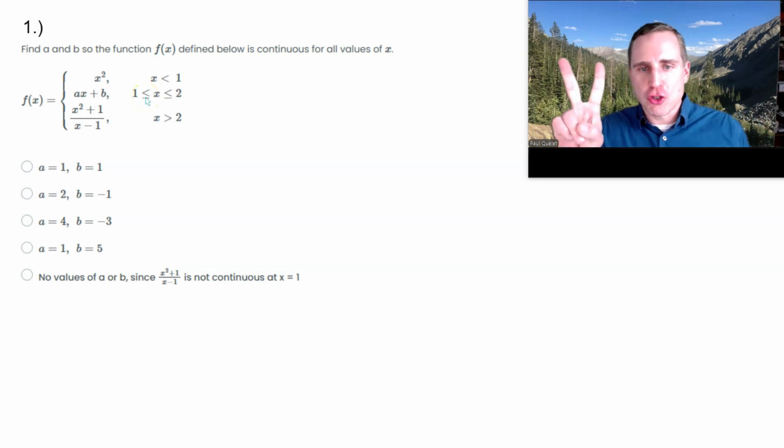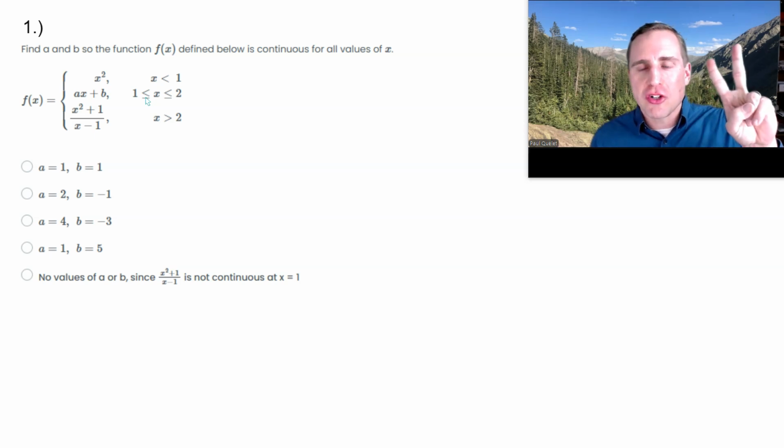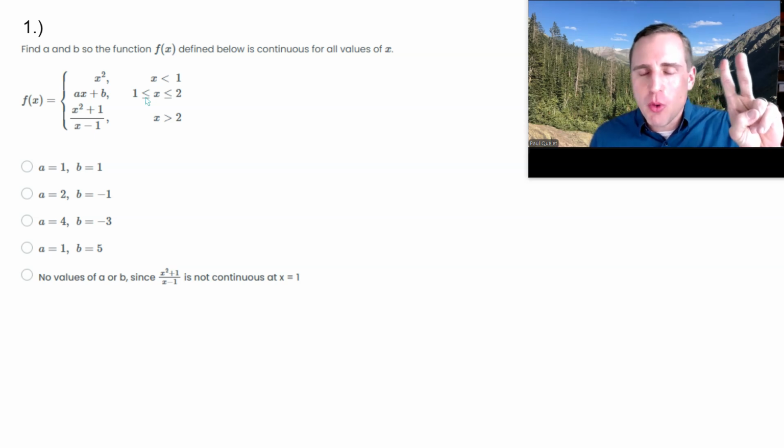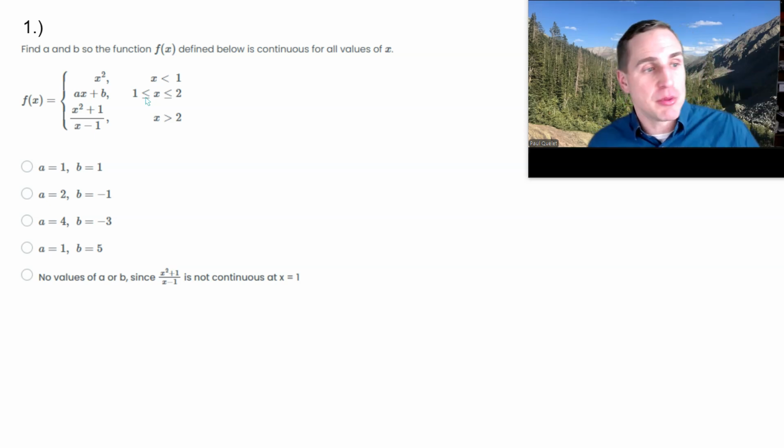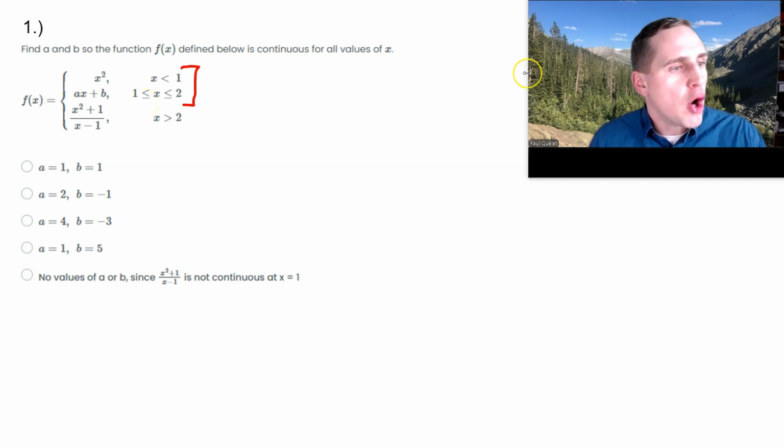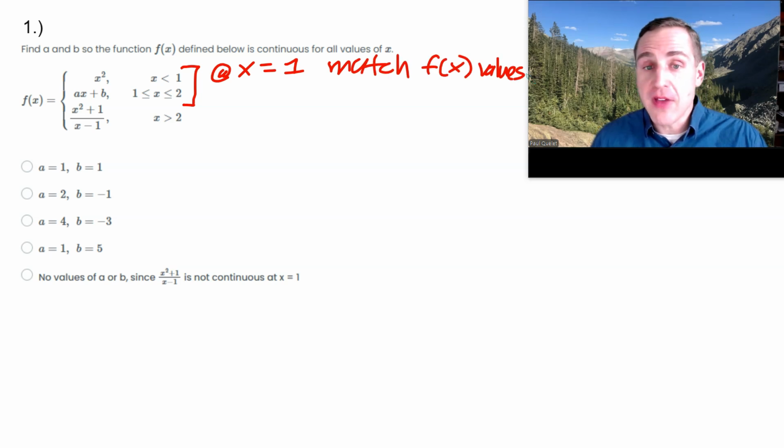Now, because we're looking for 2 parameters, a and b, I think we need 2 equations. The one for the left-hand endpoint and the one for the right-hand endpoint, namely x equals 1 and x equals 2. So let's go ahead and do that. Okay, so first starting with these 2, let's go ahead and get this at x equal to 1. So at x equal to 1, we should match the function values.